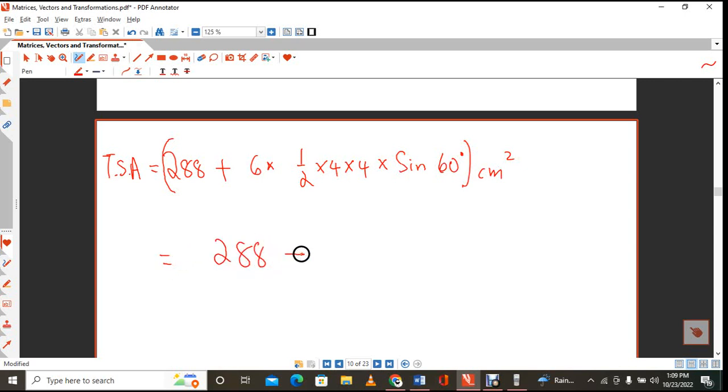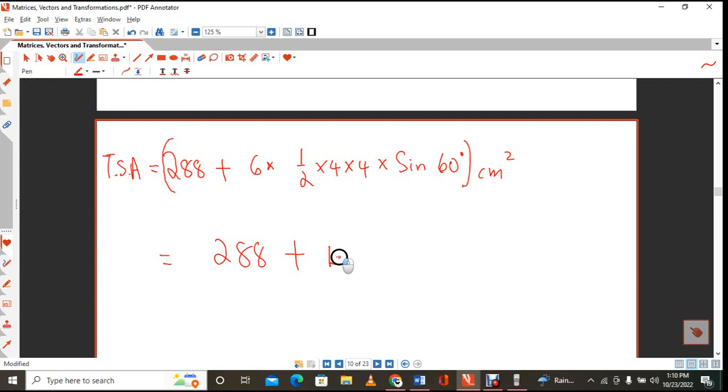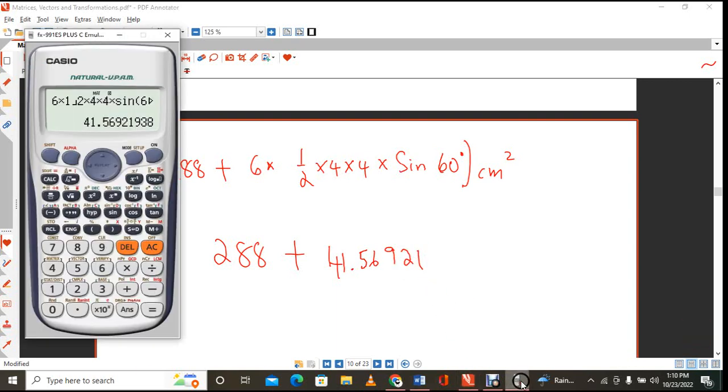So that's 288 plus, let's grab our calculator. 6 times a half times 4 times 4 times the sine of 60 degrees, which is an irrational number, so I'm going to have an answer with some square root stuff. In any case, it is 41.56, and the full calculator display reads 92138.